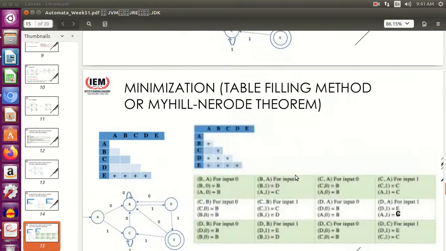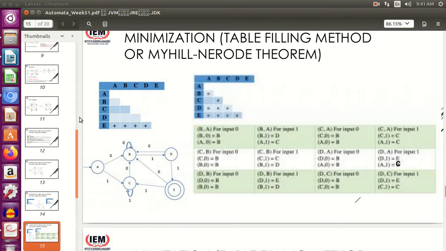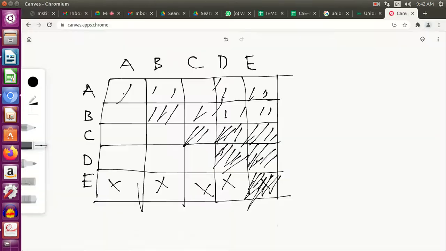What I mean is, come to this table and we have already marked the lowermost row, right? Now try to understand one thing. You have to check this for all the present pairs. So suppose I start checking from the lowermost row. The first entry in the lowermost row was DE, whatever it is.